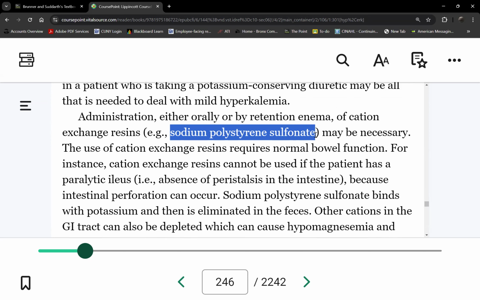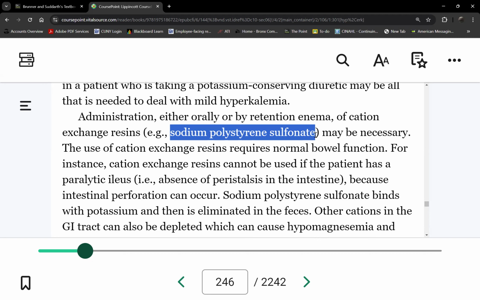Now practice generic names because you'll never see brand names on the NCLEX. NCLEX uses exclusively generic names. So SPS is Kayexalate. This is given by mouth, or if the patient can't tolerate it, let's say the patient's unconscious or has dementia and won't follow directions, you can give this through an enema.